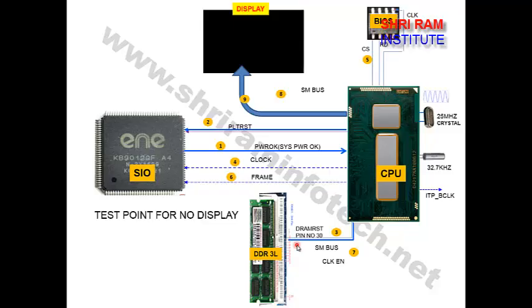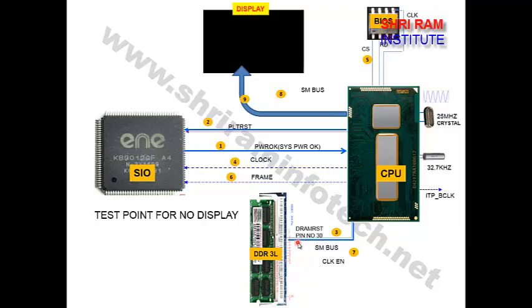You will get 1.35 volt here. If 1.35 volt is coming here, that means the CPU generated the DRAM reset, the CPU is most probably working and is ready to communicate with the RAM. Okay, so you have to check the DRAM signal.